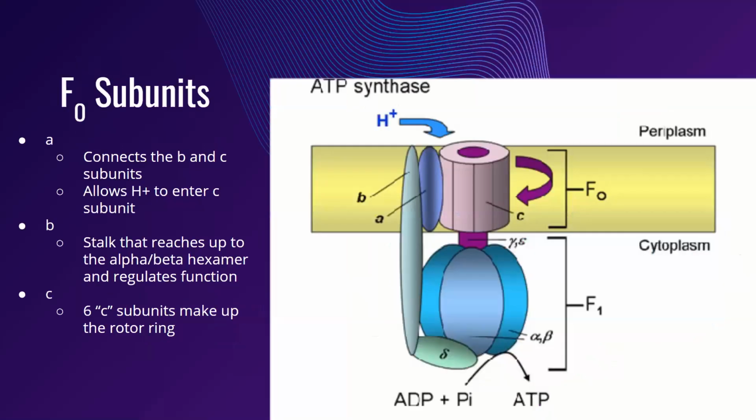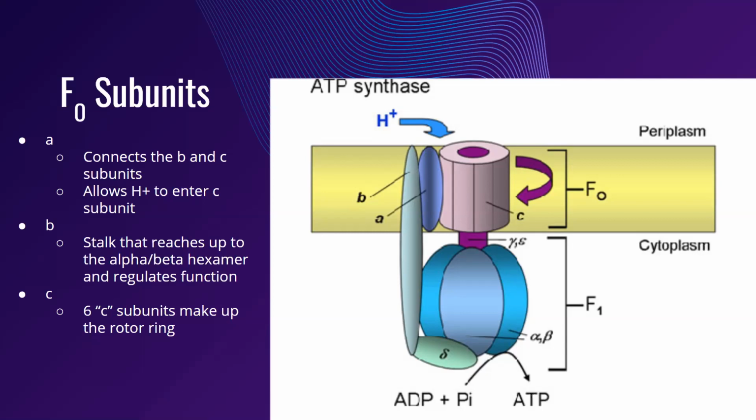Moving on, we'll look specifically at the F0 subunits. So look at these specific sections where it's labeled A, B, and C, and that corresponds to what's described on the left. In part A, it connects the B and the C subunits together, and it also allows hydrogen ions to enter the C subunit.